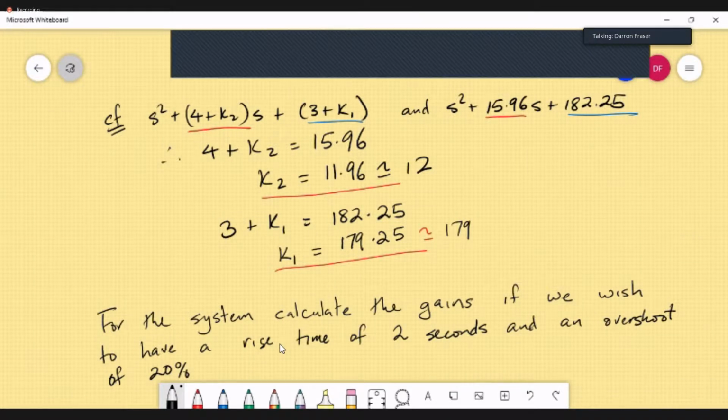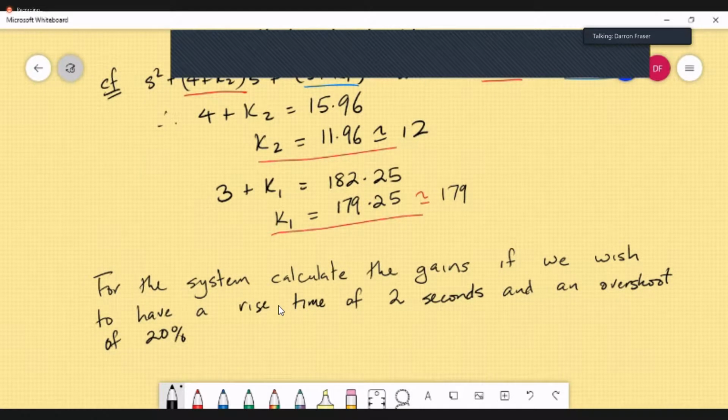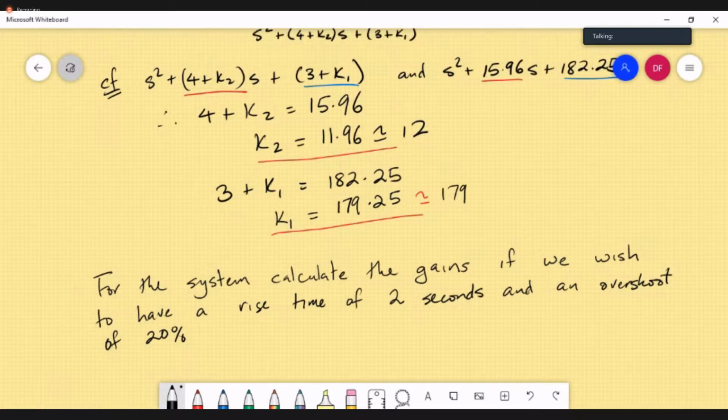So we're going to use the same system and we want to calculate two things, controlling rise time and overshoot again. We're going to go back through the set of calculations.